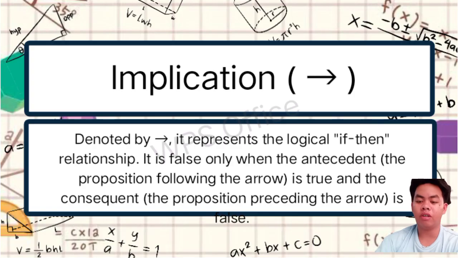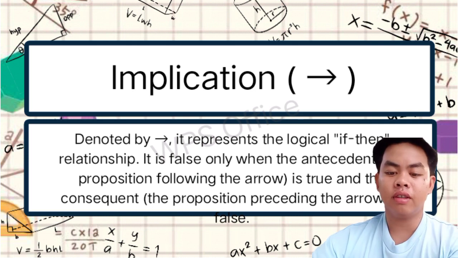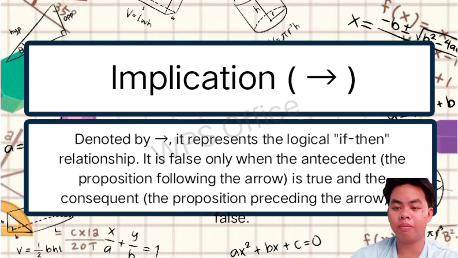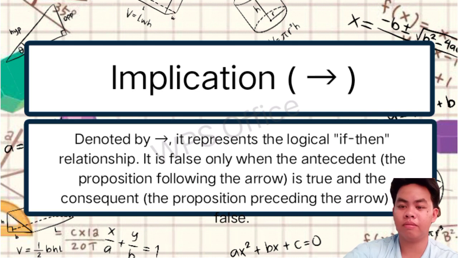Implication, denoted by arrow, represents the logical if-then relationship. It is false only when the proposition preceding the arrow is true and the proposition following the arrow, the consequent, is false.